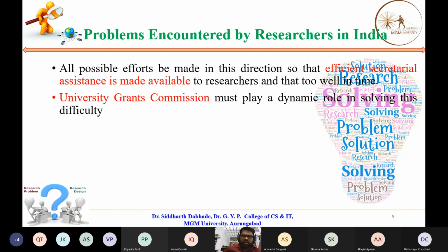That's why the university, we can say the UGC, University Grants Commission, needs to play a dynamic role to solve this kind of difficulty.